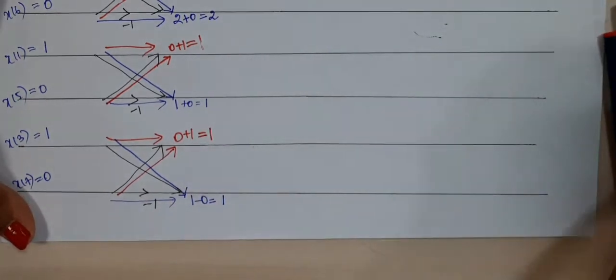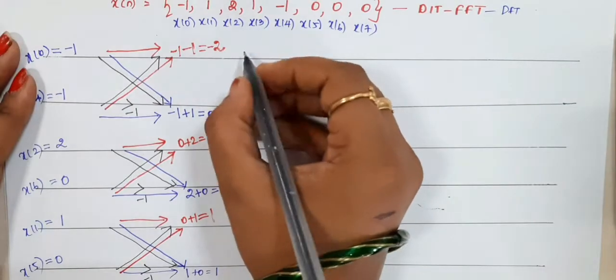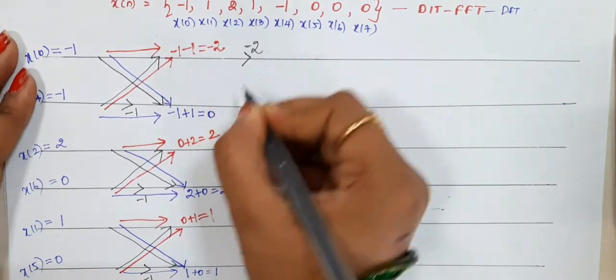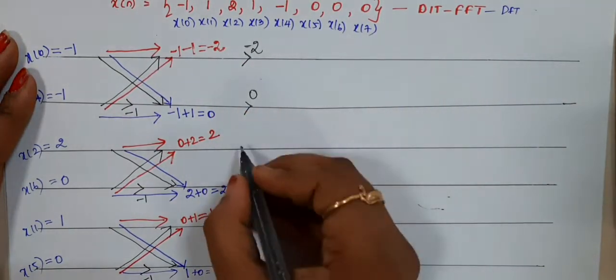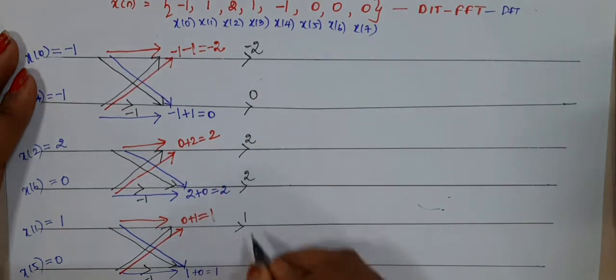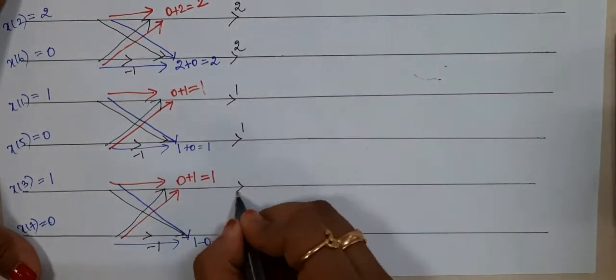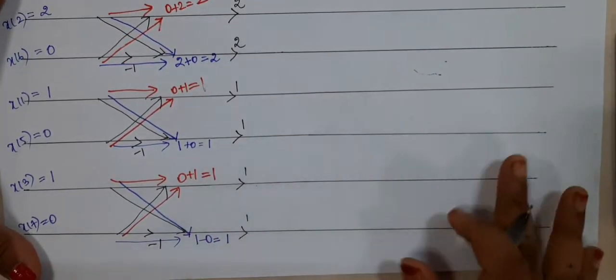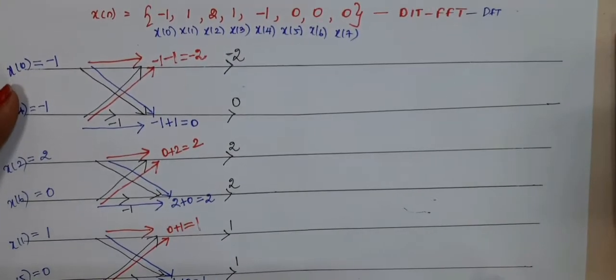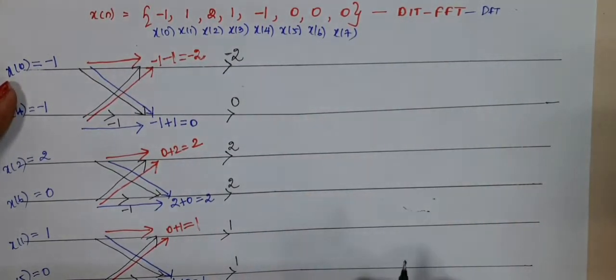So now we can write the values here: minus 2, 0, 2, 2, 1, 1, 1, 1. Okay, let us write the values first and then we have to draw the 4 point structure.